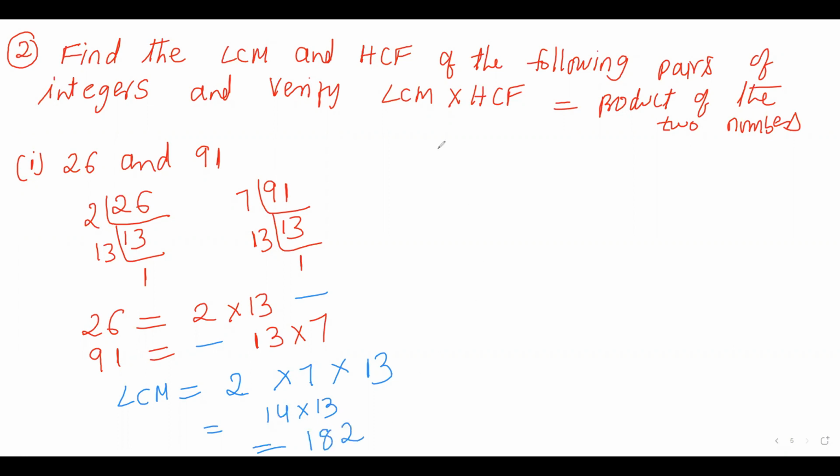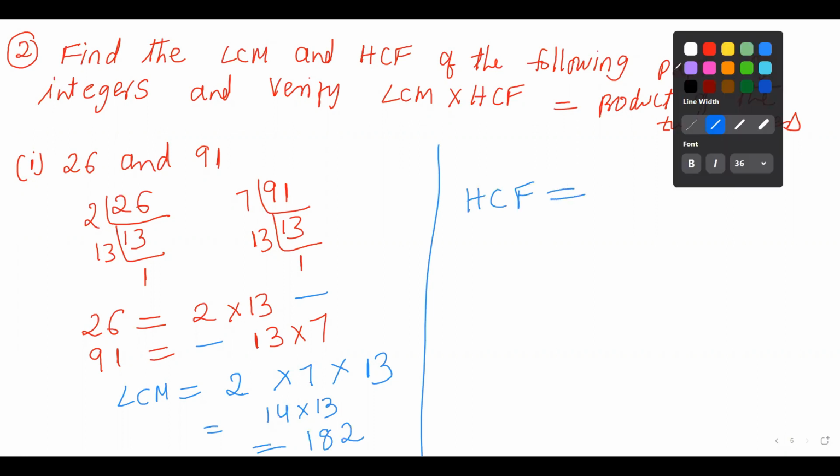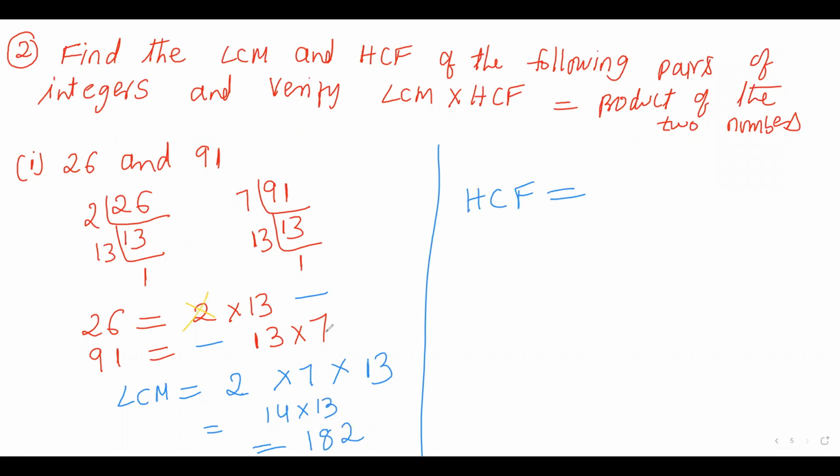182, fine. Now, in case of HCF, you will never take uncommon factors. I'm calling them uncommon because 2 is not present in the other number, 7 is not present in the first number. So you will not take uncommon factors. You will be taking only common factors, and that too the smaller one.